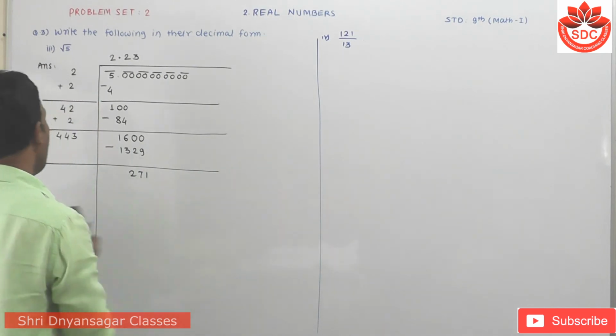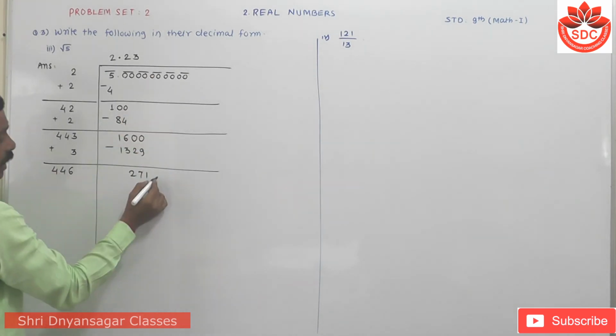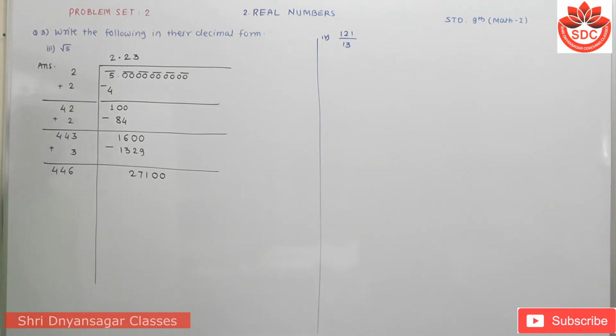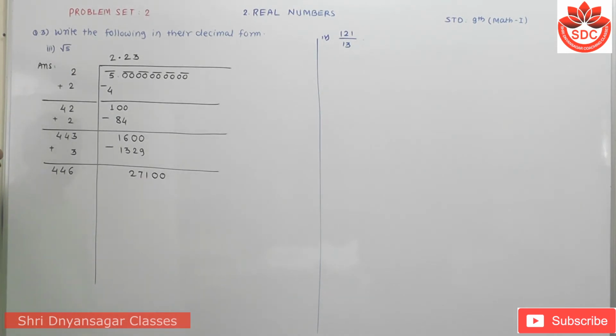Student, we have to add these 3 because we multiplied by these 3. So 3 plus 3 becomes 6, so 446. Then take the next pair here, 0, 0. Now when we take a number next to this 446 and multiply by it, it becomes nearly equal to or equal to 27,100.